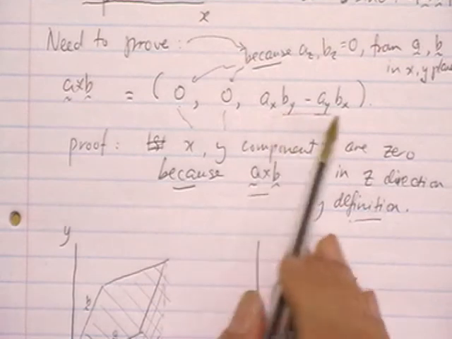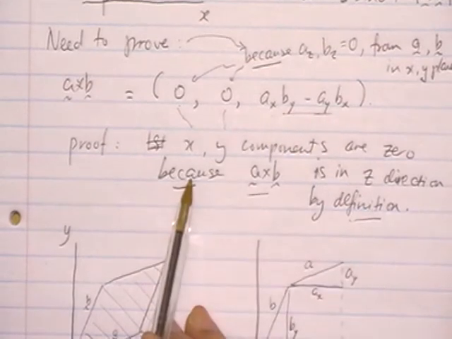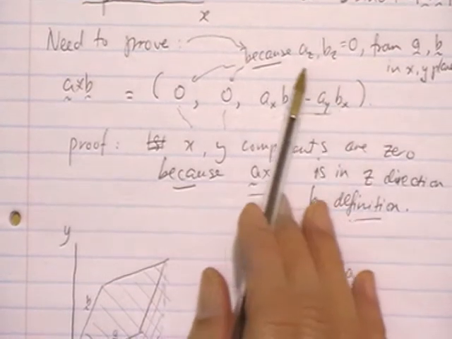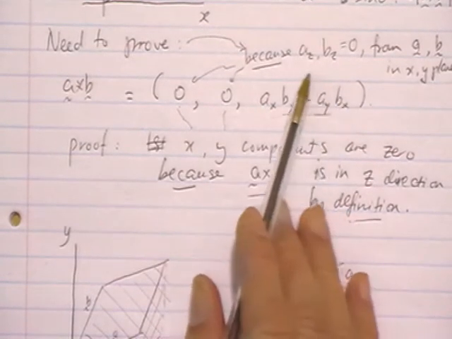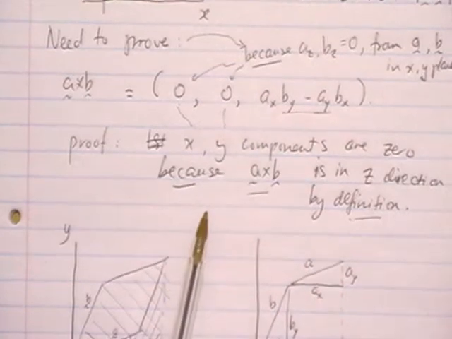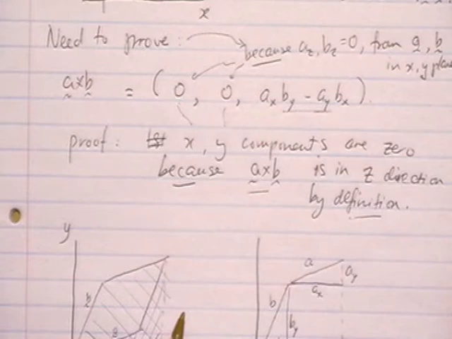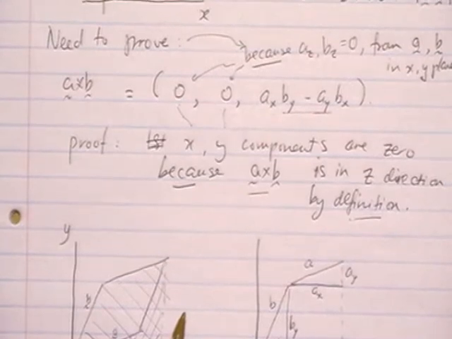Okay, and from here I know that in order to prove it, I need to prove that this value is equal in magnitude to the area of the parallelogram of this.